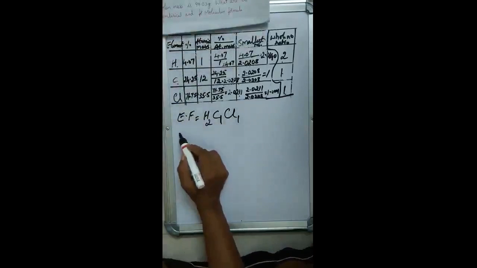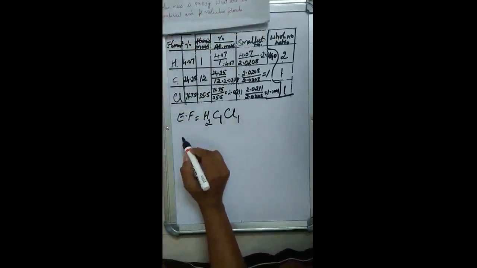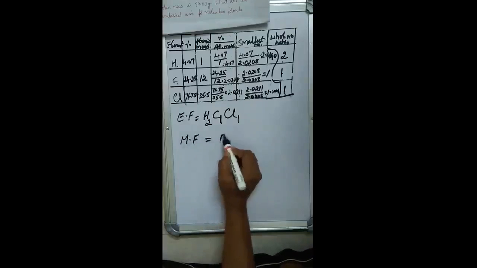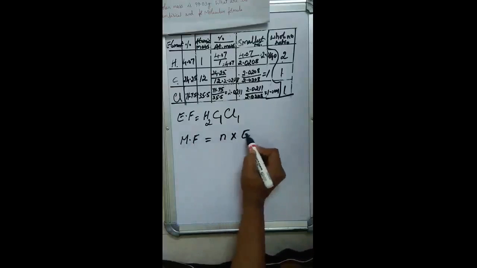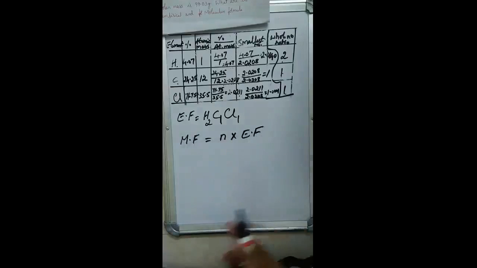How are the molecular formula and empirical formula related? Molecular formula is equal to n into empirical formula. This is a formula. So I will repeat it: how it is related.